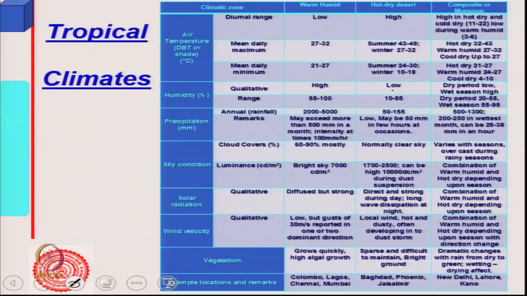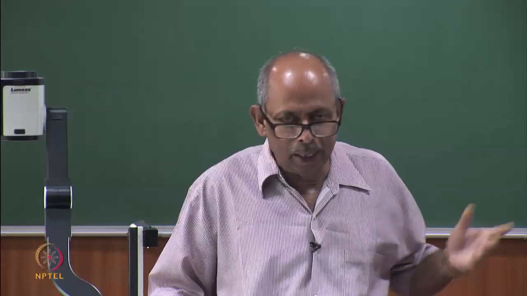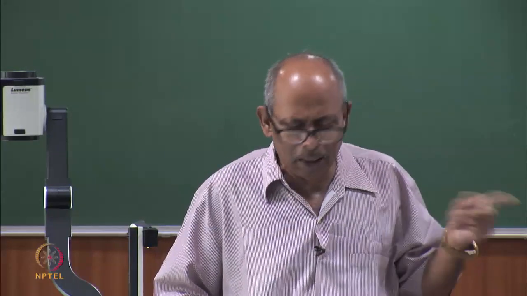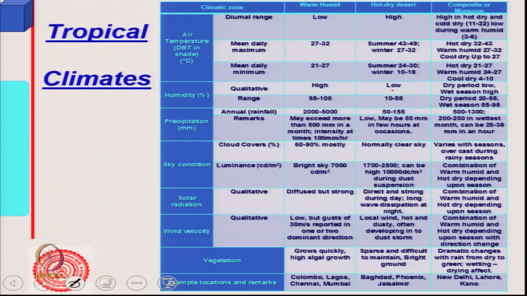Vegetation grows quickly in warm humid climate; in hot dry it doesn't grow because the moisture is not there. If you supply moisture, it will grow quickly there too. Examples of warm humid climate are Colombo, Lagos, Chennai, Mumbai, Kolkata, many of them in coastal India. Hot dry desert: Phoenix in Arizona, US, is a desert area.